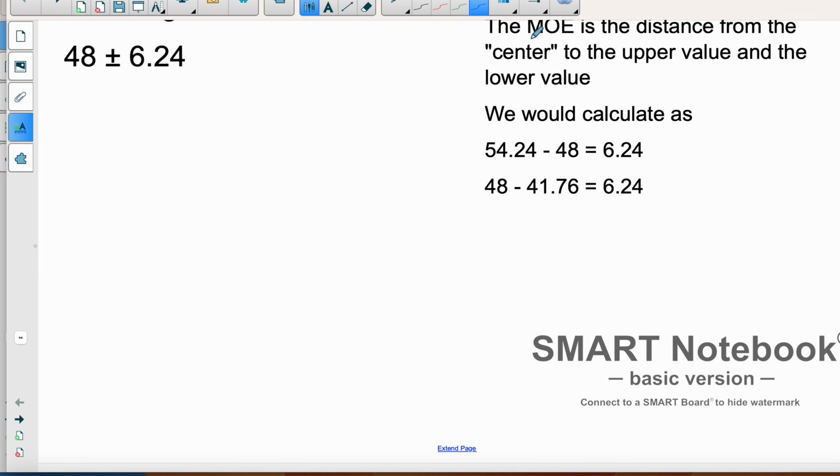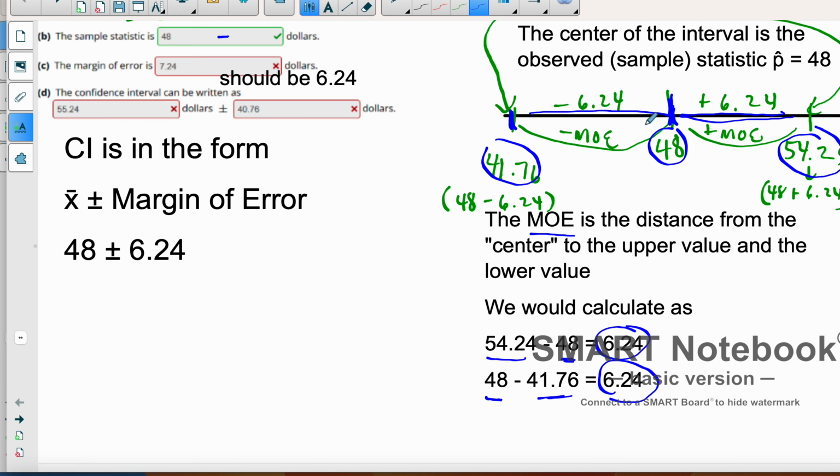So we can calculate the margin of error. We take the upper range minus the observed statistic, $6.24. We take the center minus the lower range, $6.24. It's literally just how far is it from the center to the lower range and to the upper range.